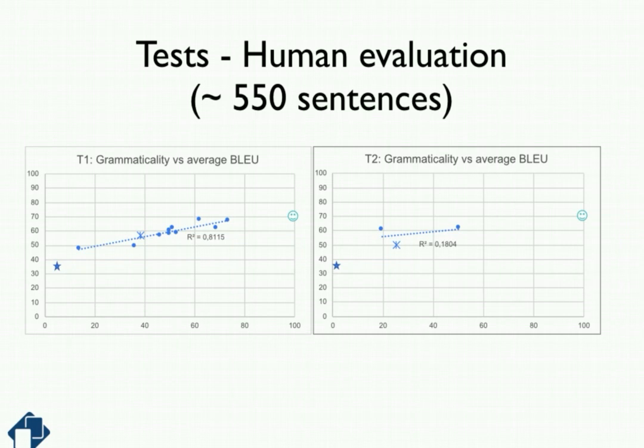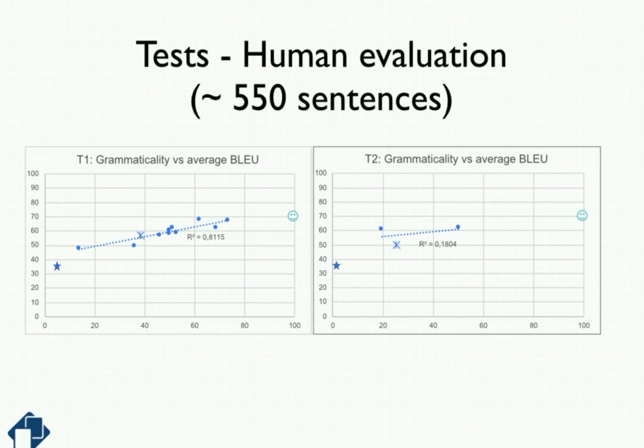Humans got about 70% for grammaticality, and the star here is the 10-line baseline. So you see that the difference between the two is not so important.